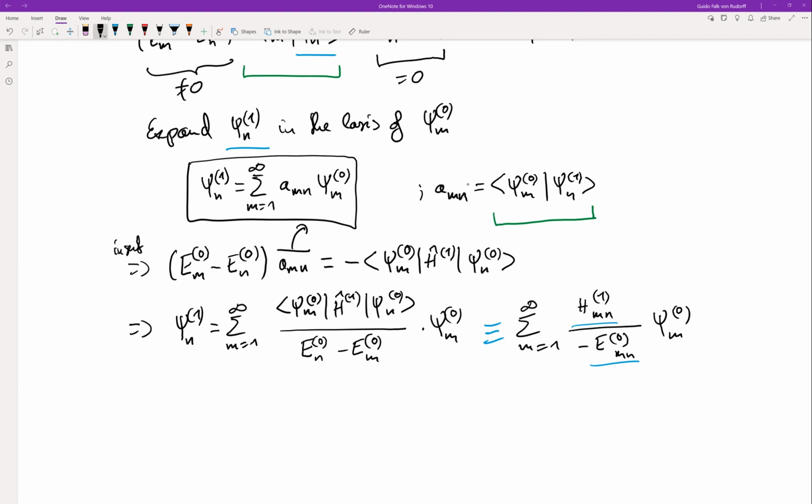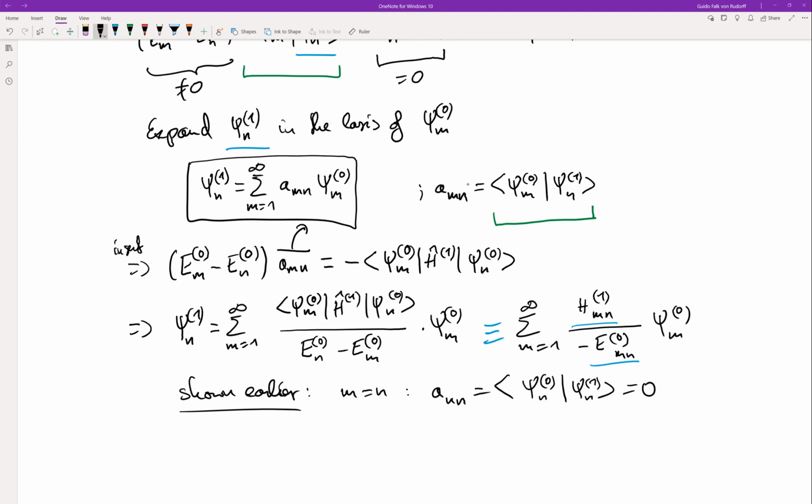But we have shown earlier that for the case m equals n, we have a_nn, which by the definition that we have here would be psi n unperturbed, psi n perturbed, and we have shown that this is 0. So from that perspective, one of the terms in the sum is 0.